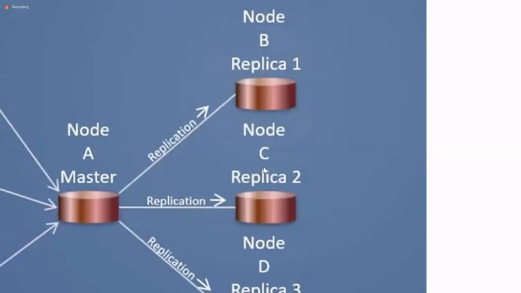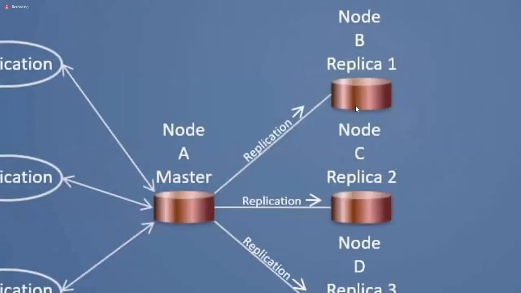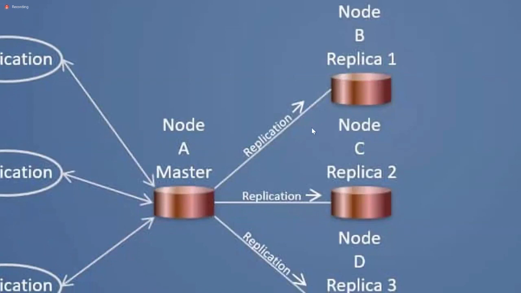Observe here, this is the main database, and the same database is stored here. This copy we call a replica. The process of making this copy is called replication. Whatever data is stored here, the same data is transferred here, here, and here.